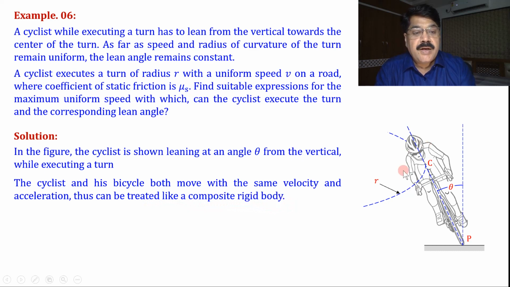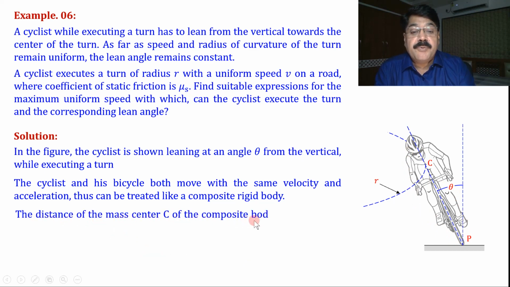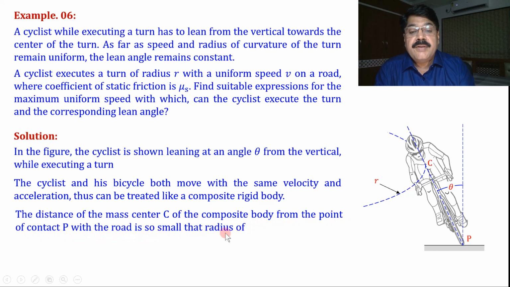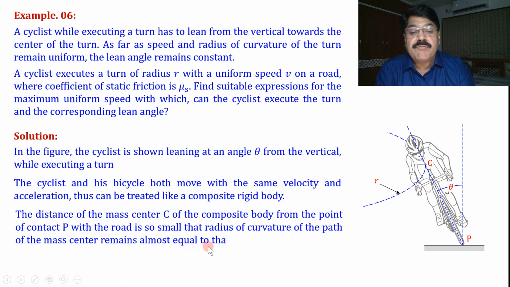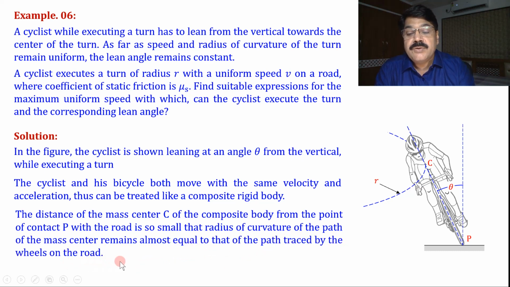And as I already mentioned, C is the mass center of this composite rigid body. The distance of the mass center C from the point of contact P with the road is so small that the radius of curvature of the path of the mass center remains almost equal to that of the path traced by the wheel on the road.